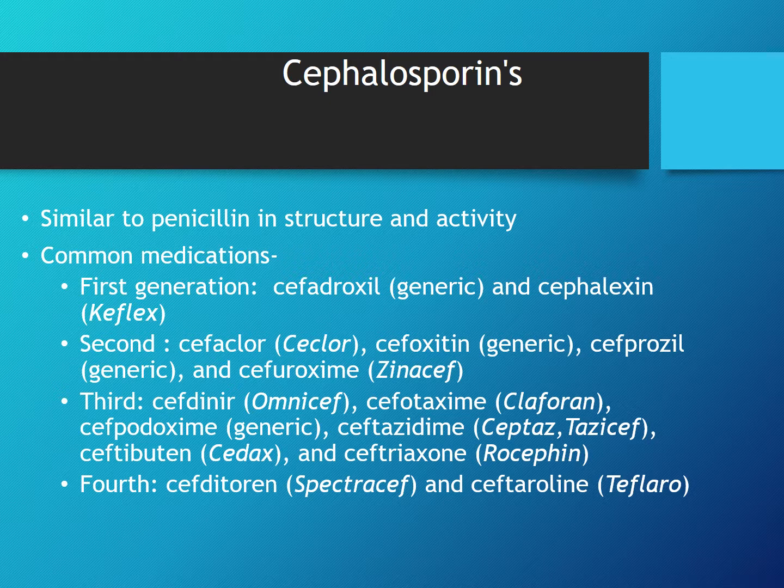So there's your cefadroxil, so you have your Ancefs, you have your Cefaclors, cefotaxime, there's your Rocephin, ceftaroline, so you have quite a bit. So if you look at all of these, though, you kind of see that they do have something in common, like penicillins have the cillin part in common. Your cephalosporins have the CEF starting the name of each of those medications. So I can kind of recognize that those are cephalosporins.